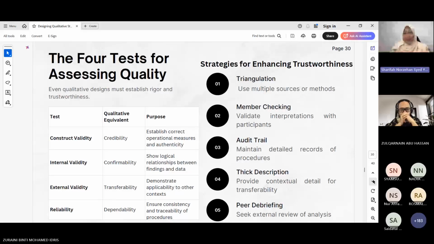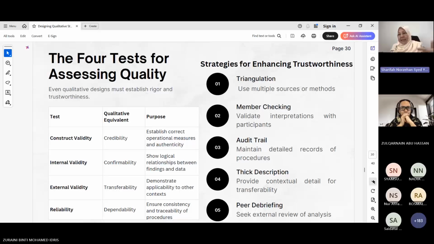Member checking. Let's say after you interview your participants, you have already transcribed it. As you go through and read it, automatically you are analyzing it, and you will interpret it indirectly.